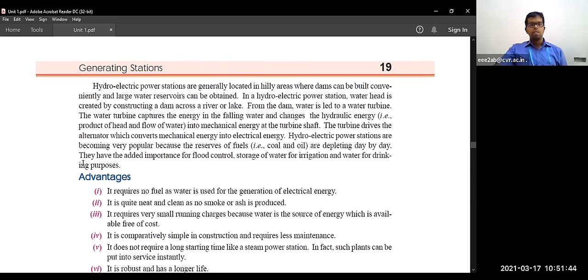Okay, hydroelectric stations also have added importance for flood control, storage of water for irrigation, and water for drinking purposes. So a dam is constructed not only for generating power.